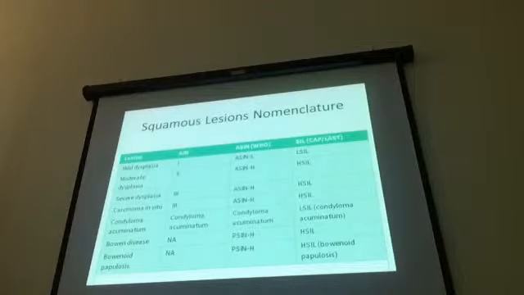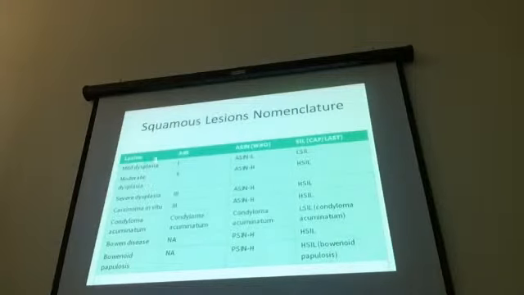One of the other complexities when we start talking about the squamous neoplasms in the colon, in the anus, is that there are a variety of different naming systems out there. Most people grew up with the conventional names of dysplasia, carcinoma in situ, condyloma, and there were some eponyms like Bowen's disease or Bowenoid papulosis that had particular clinical and pathological correlates.